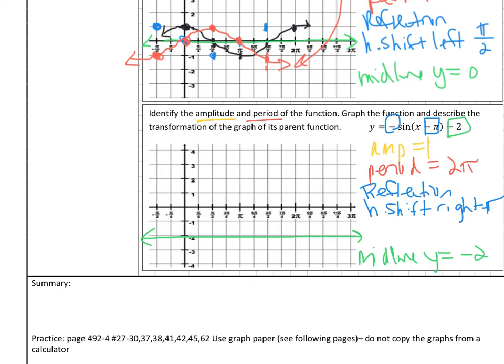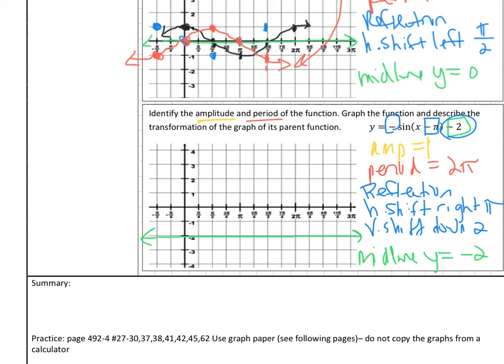If it's a minus, you go to the right. So it's the opposite of what you think. And then our last thing would be a vertical shift down 2. And that's, again, from our midline. Shows up on our midline as well.